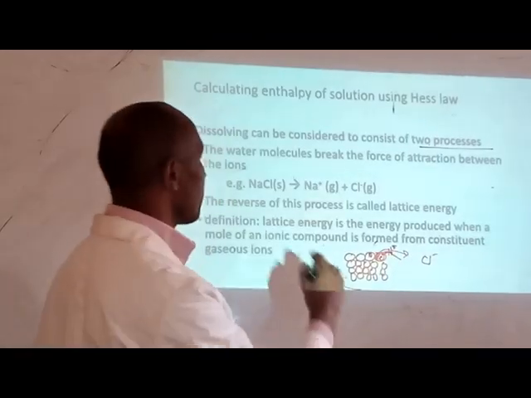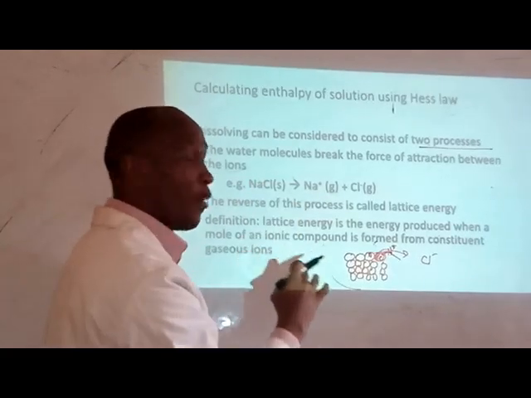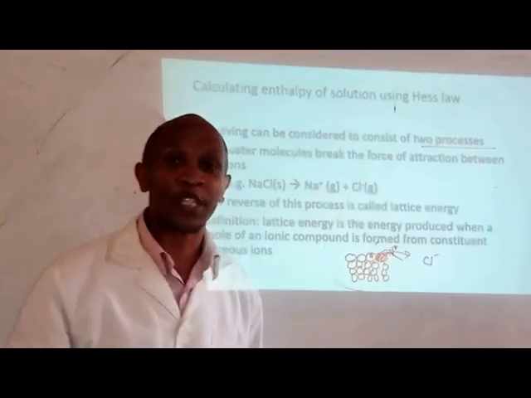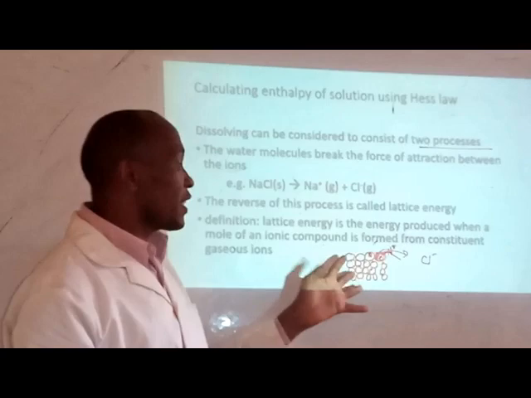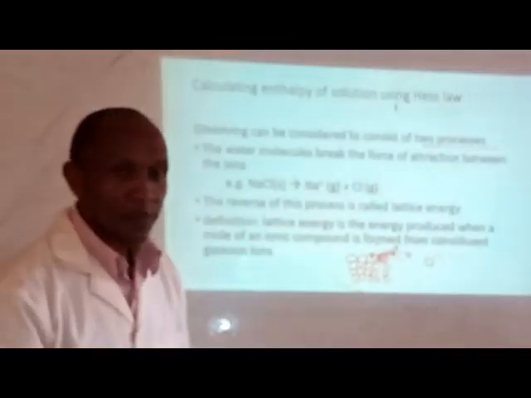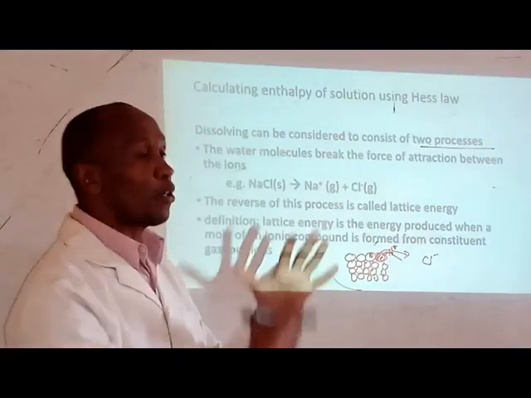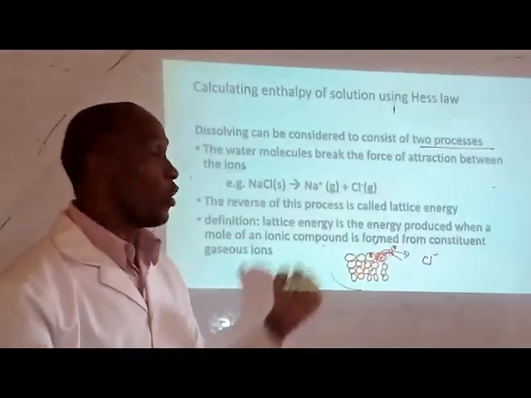So what we are saying is that the force of attraction between the sodium and the chloride ion has now been broken. What breaks that? The force of attraction between the water molecule and the ion. It pulls, so that the ions are now free. They are so far apart.